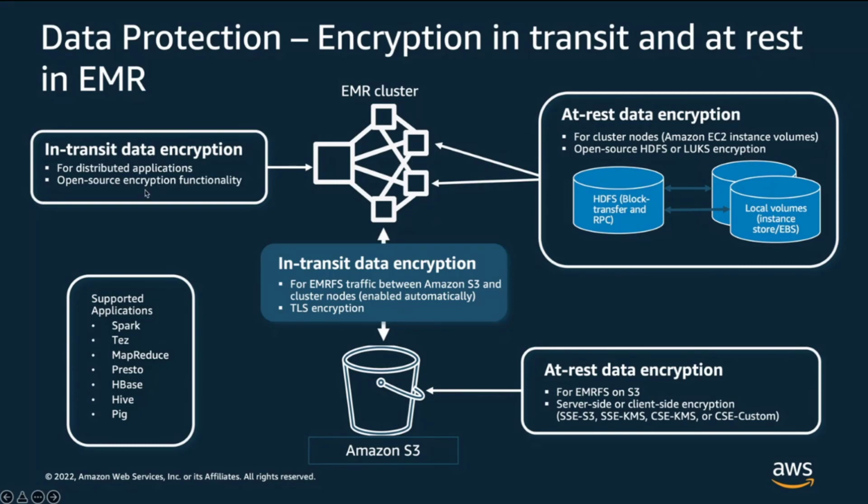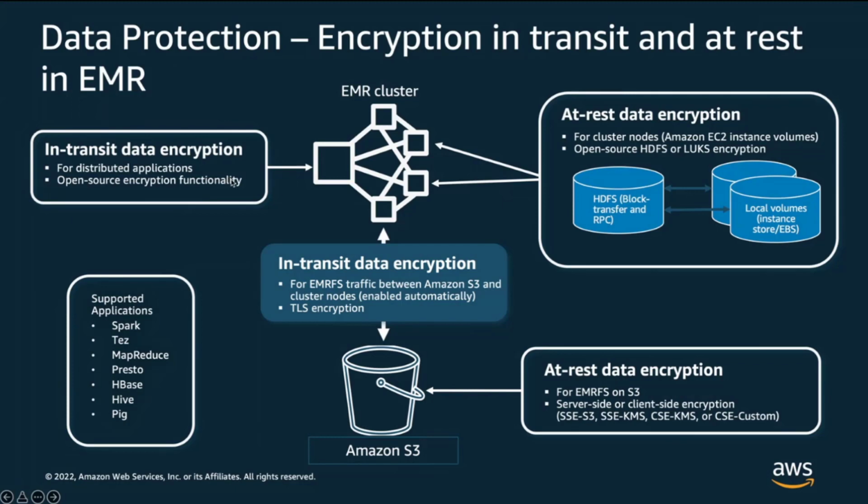But for in transit, there are two methods. If you're connecting between EMR and S3, you can have KMS encryption, and traffic can be controlled with TLS encryption. For distributed applications, you can leverage open source encryption functionality.